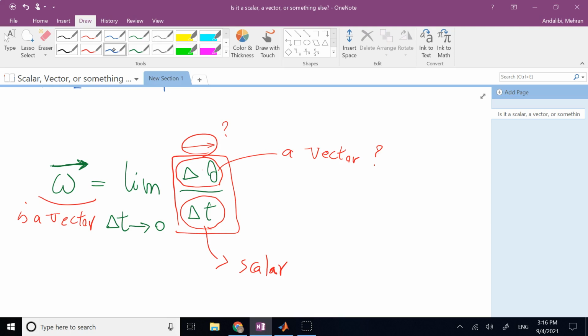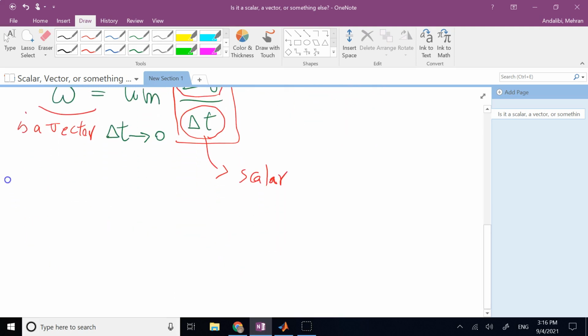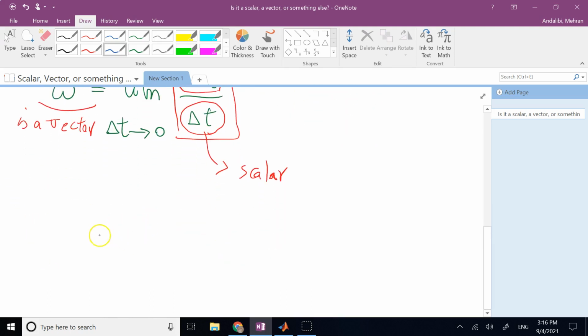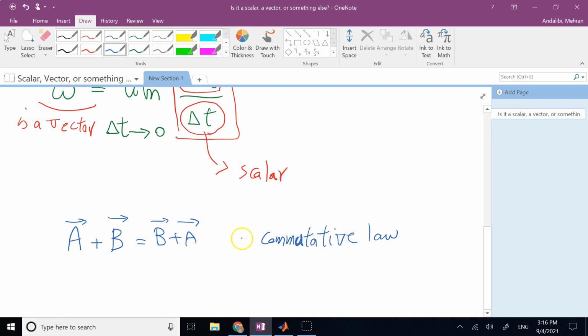Now, another thing that two vectors should have is, when you add them together, if A is a vector and B is a vector, the order in addition does not matter. So A plus B is the same as what? B plus A, correct? We know vectors follow what we call the commutative law. If something is a vector, addition of that will follow the commutative law.